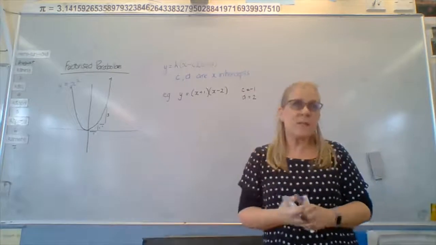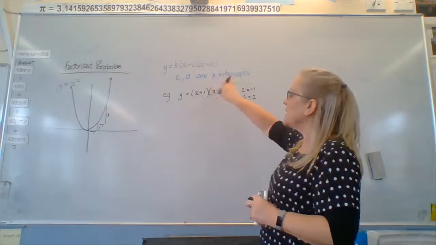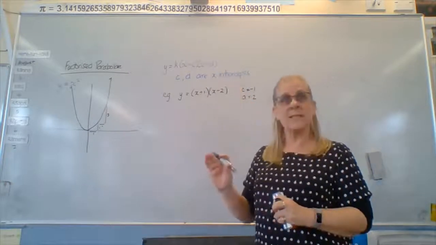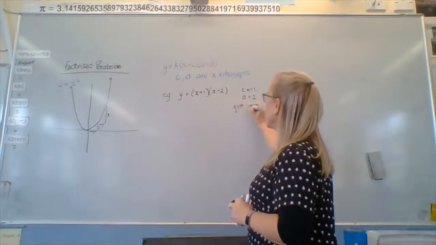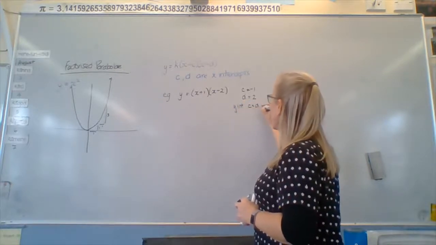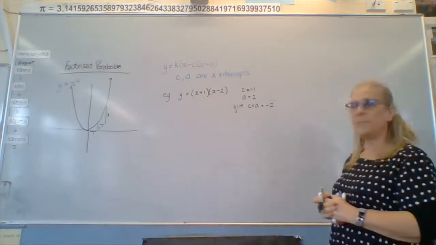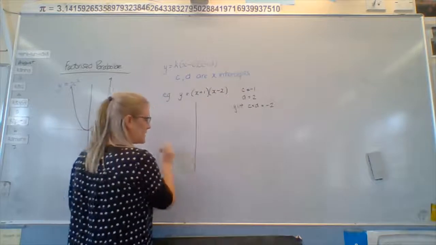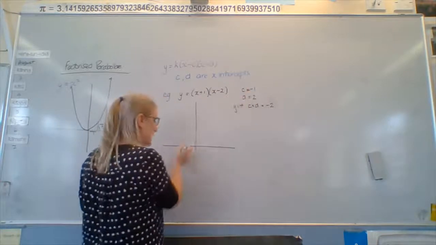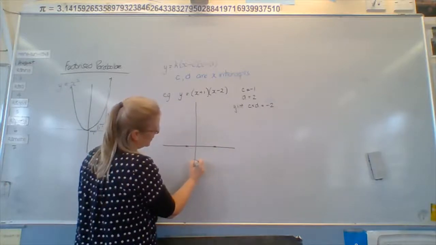Now there's something else that we can find out as well, because c and d multiplied together will give us the y-intercept in this case. C times d, so -2. All right, so at the moment the information we've got is that it goes through at -1, 2 and -2.